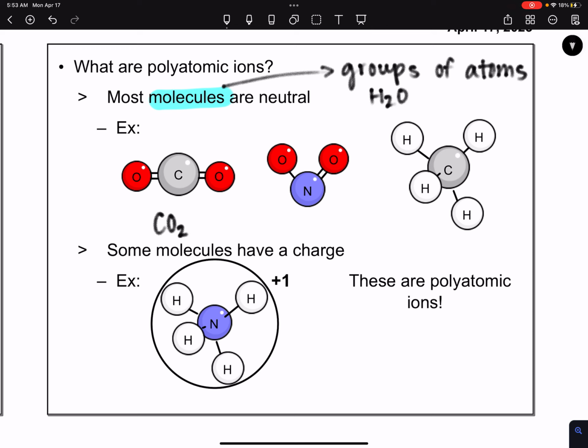The second one is nitrogen and two oxygens, which is nitrogen dioxide. And the last one is carbon and four hydrogens, which is carbon tetrahydride, or its common name, methane. This is what we use in our Bunsen burners, or butane.